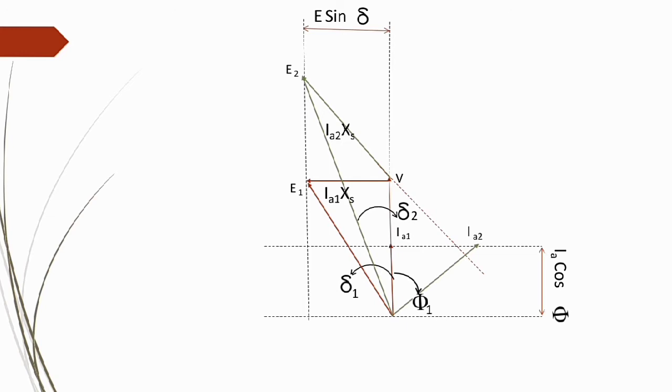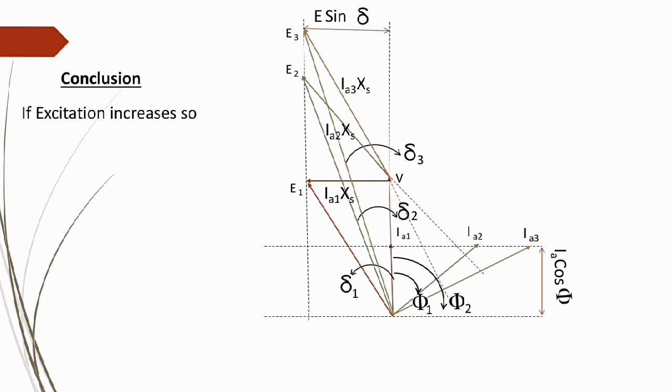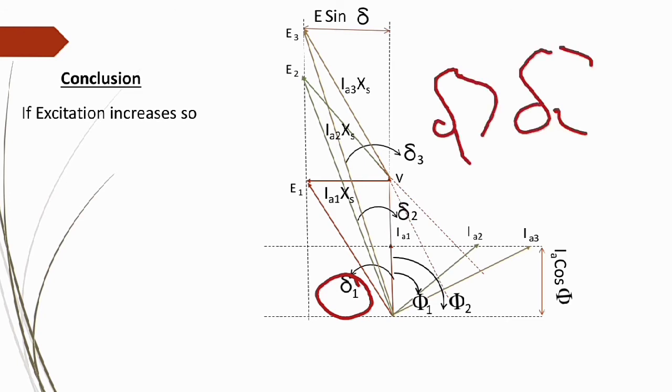The next one we will see by comparing this. So here you see all of these effects clearly. The load angle del 1 is more than del 2, then at the last del 3.